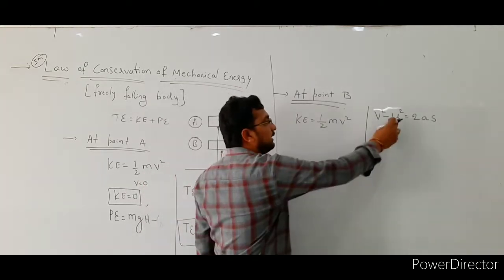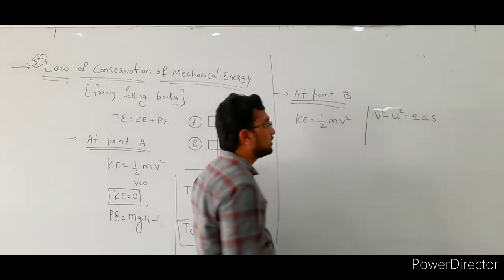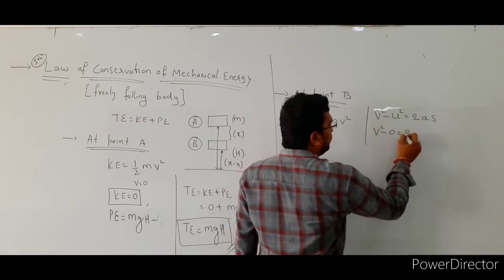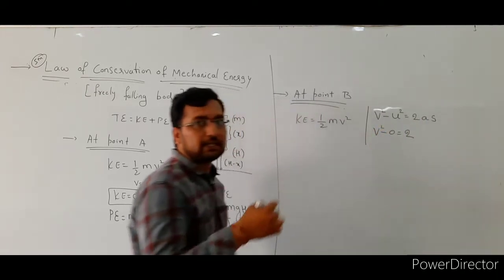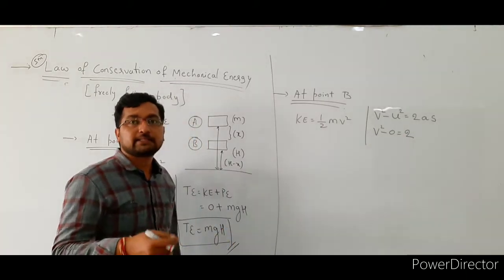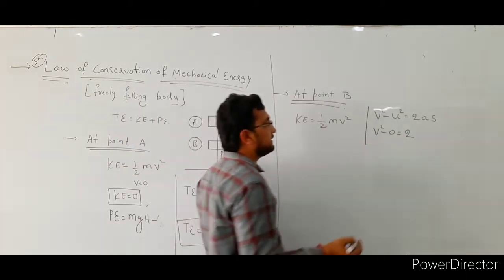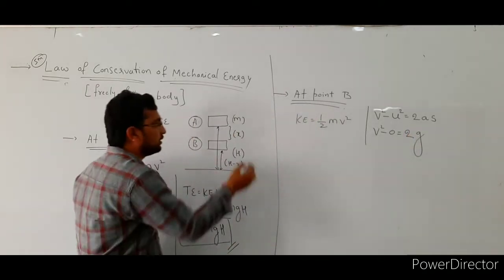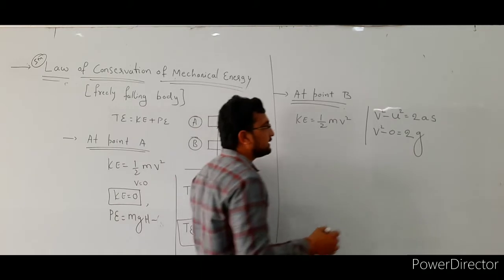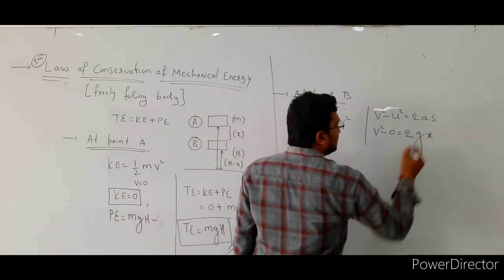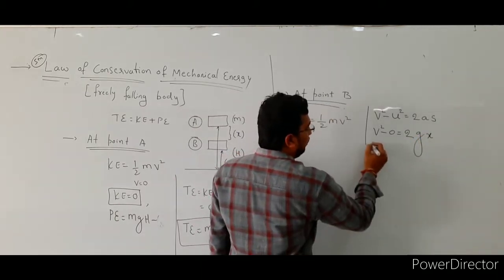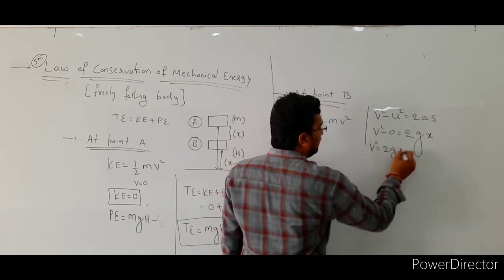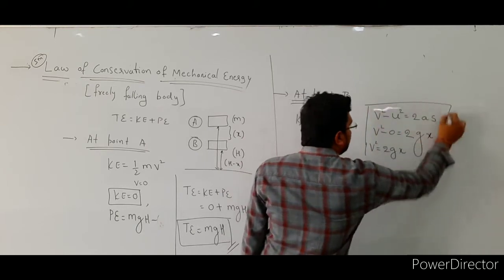Here the initial velocity is 0, so v square minus 0 equals 2 a s. In the vertical direction the acceleration is the acceleration due to gravity, g, and s is the distance, x. So v square is equal to 2gx. This is the velocity value.